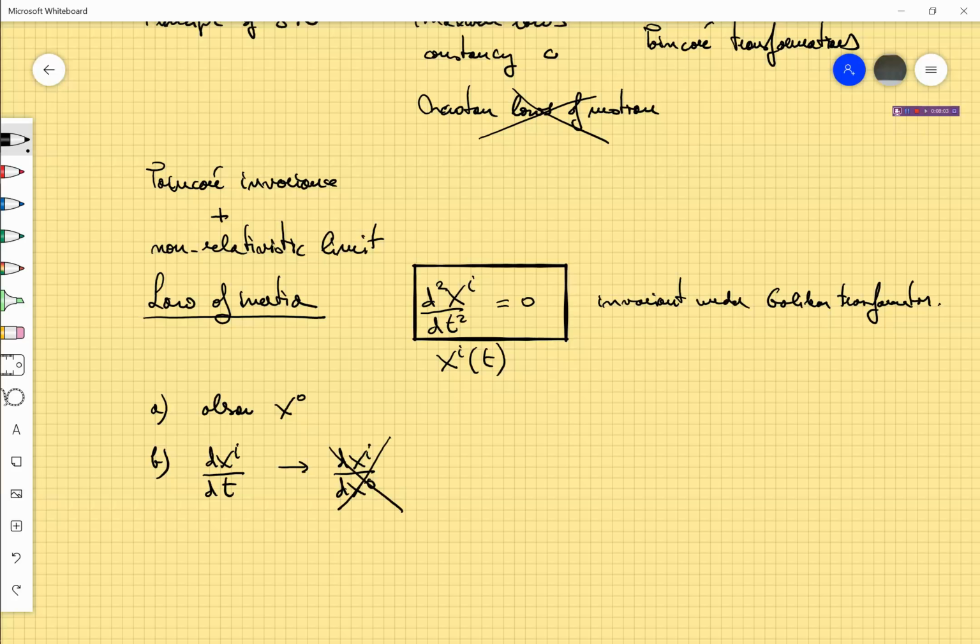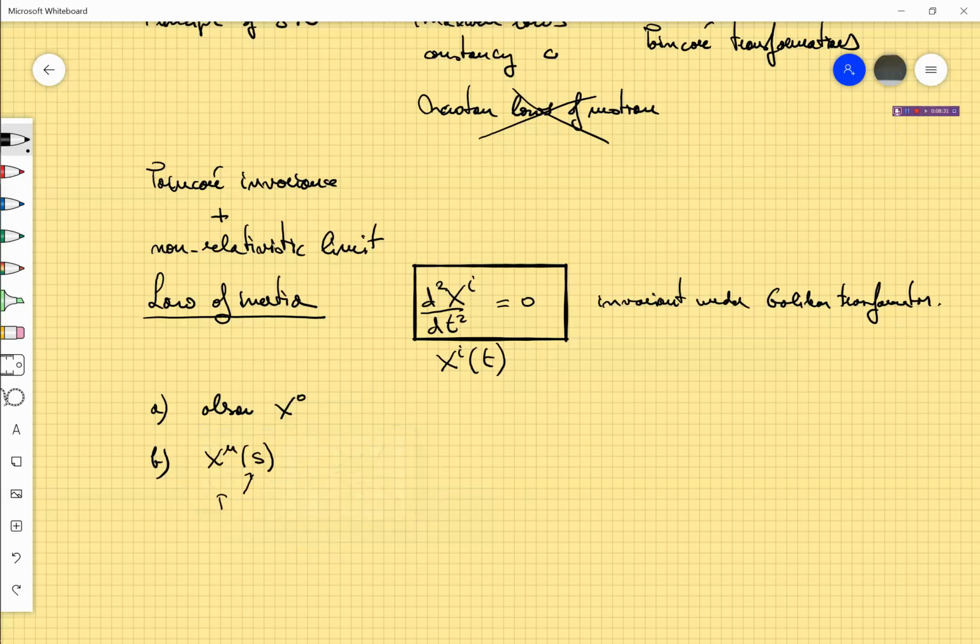What can we use? The study of world lines that we have made in the previous videos tells us that a good description of motion is the world line, and in particular if it is parameterized by this parameter s. We could use any parameter, but this parameter has the property that it is invariant under Poincaré transformations.